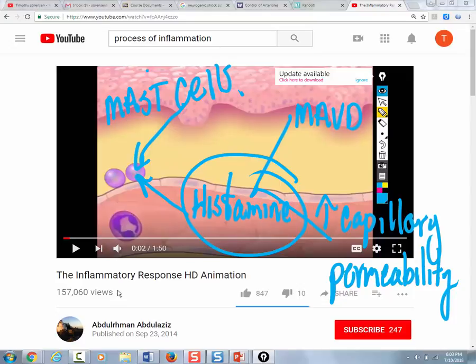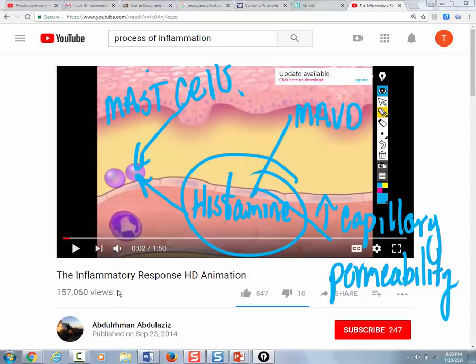So we should try this. Let's try it. Each one of you come up individually and just put your hand here, and then I'm going to smash it. So watch. Anytime you damage tissue, you rupture mast cells. What do mast cells contain? Histamine.